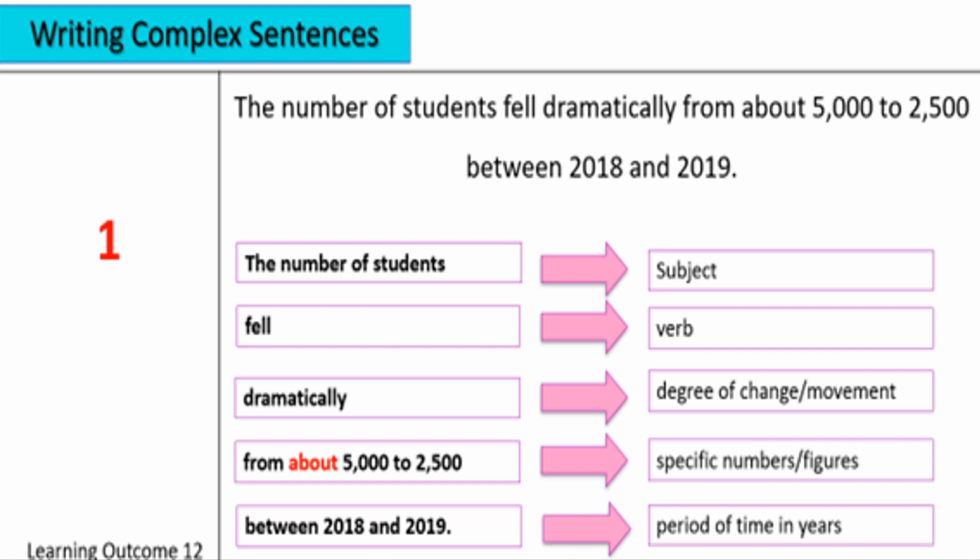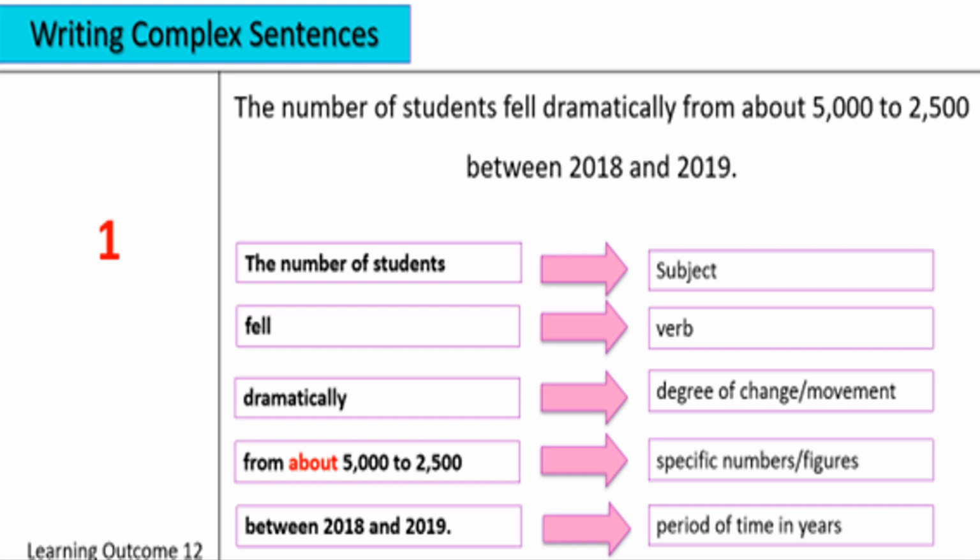From 200 to 400, 400 to 800, 800 to 1000, like that. Here the change is from about 5000 to 2500, half. From 5000 it came down to 2500. When did this happen? Between 2018 and 2019.